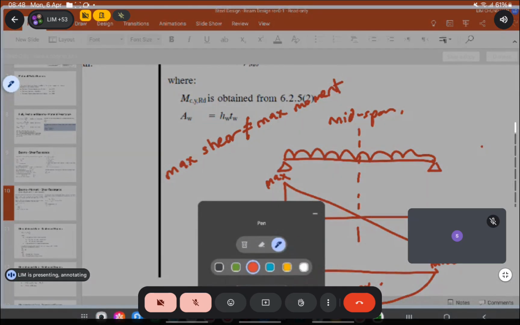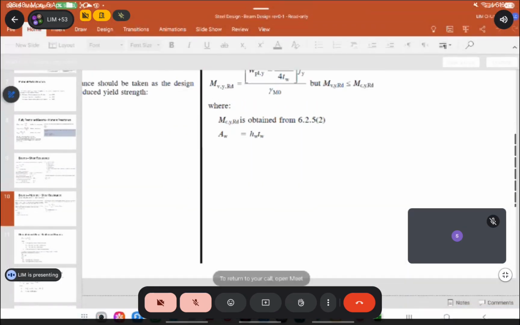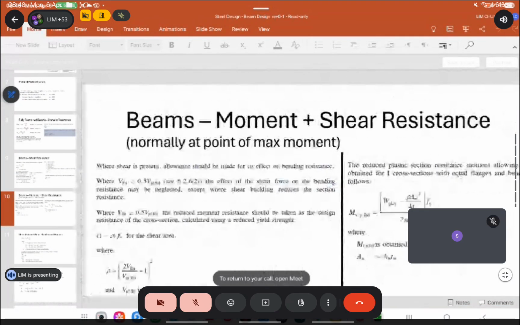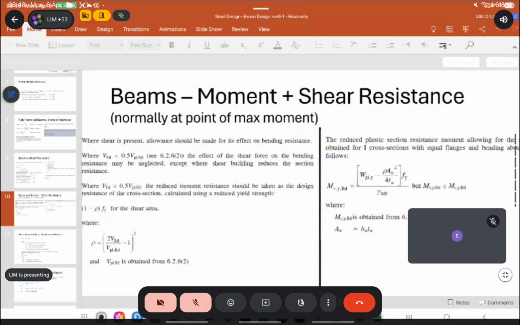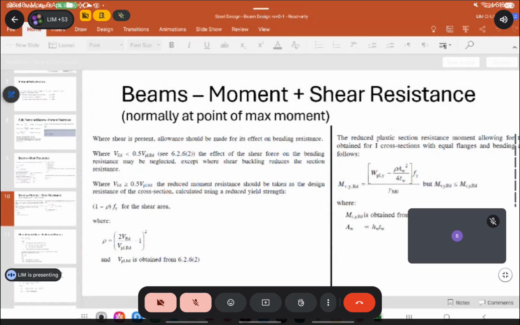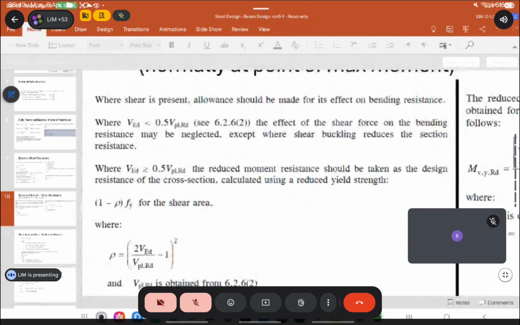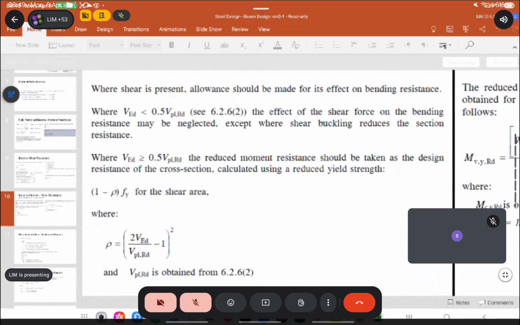Why do I want to point this out? It's because sometimes you have this situation where you have moment and shear together, and therefore you have to check it together as well. Now, when do you have to check it? The condition is here.